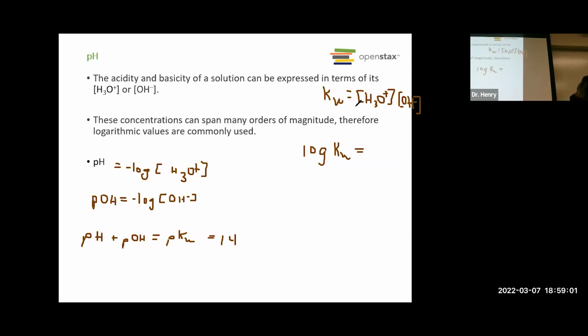So if we take the log of both sides, this is just going to be log of H3O plus times OH minus, which is the same thing as saying log Kw.